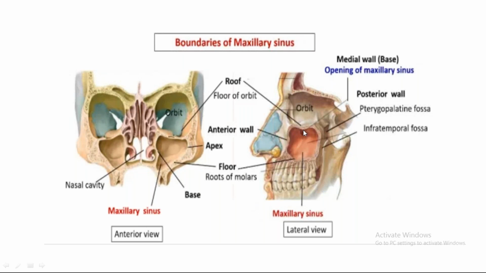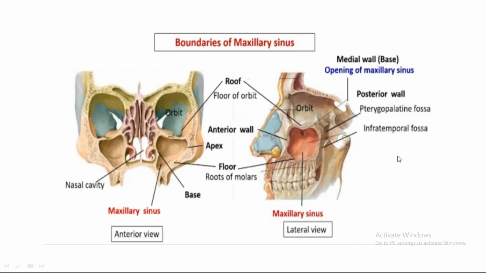So here you can see the posterior wall. Behind the posterior wall, you have a potential space that is called the pterygopalatine fossa. The pterygopalatine fossa medially is formed by the sphenopalatine foramen. Through the sphenopalatine foramen, you enter into the pterygopalatine fossa, and then through the pterygomaxillary fissure, you go into the infratemporal fossa.